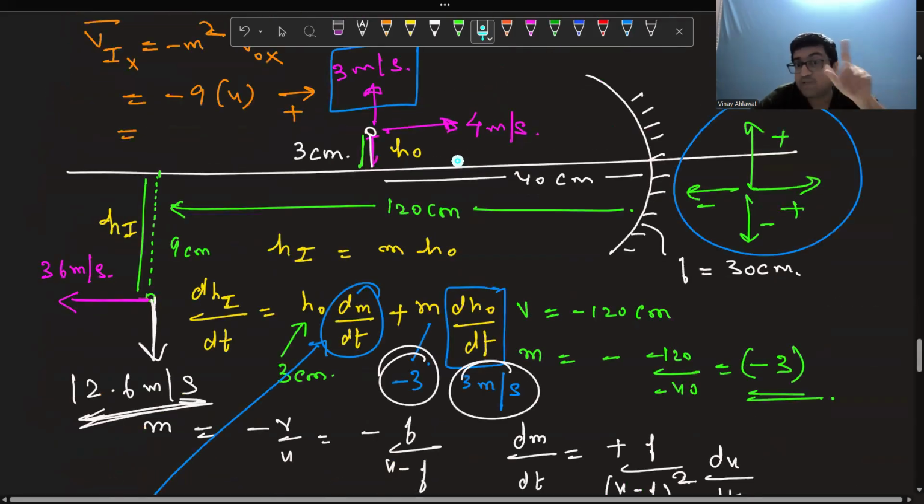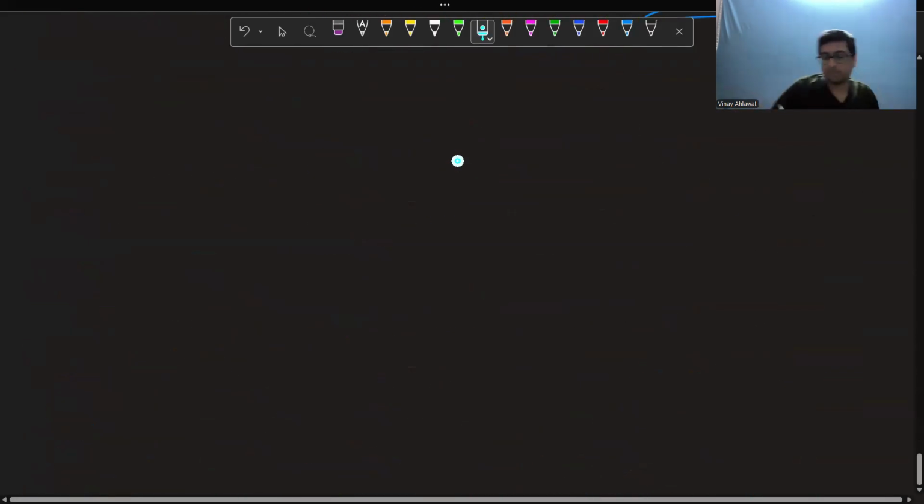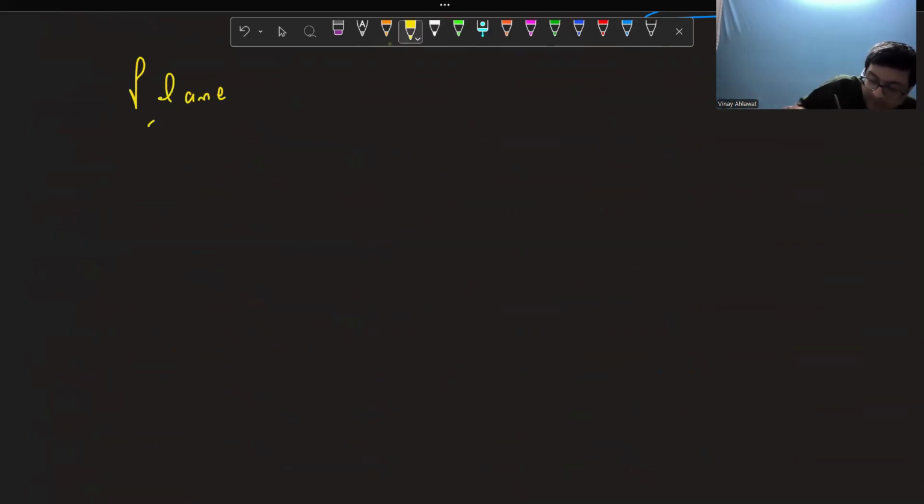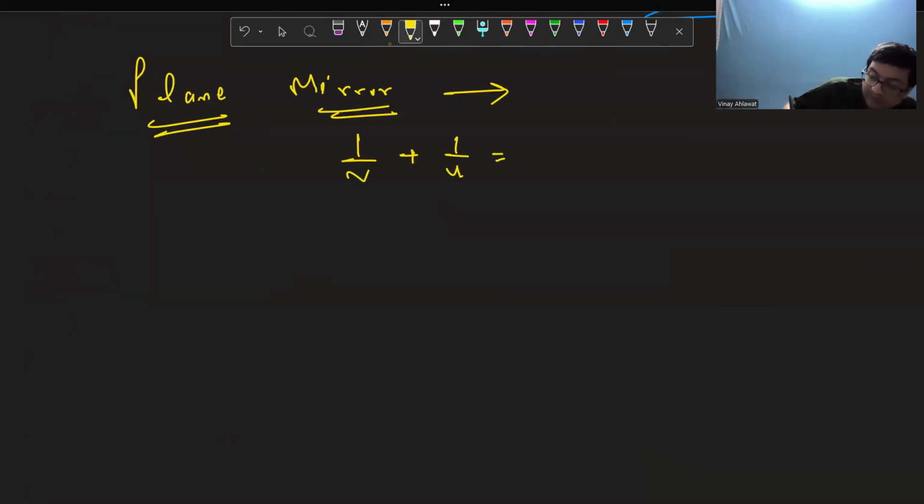But it is seen for a very particular case of plane mirror. What happens in plane mirror? 1 by v plus 1 by u is 1 by infinity. That's 0. v is minus u. Agreed? Yes, sir.